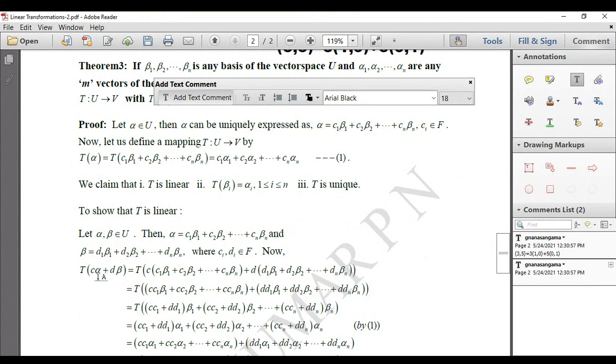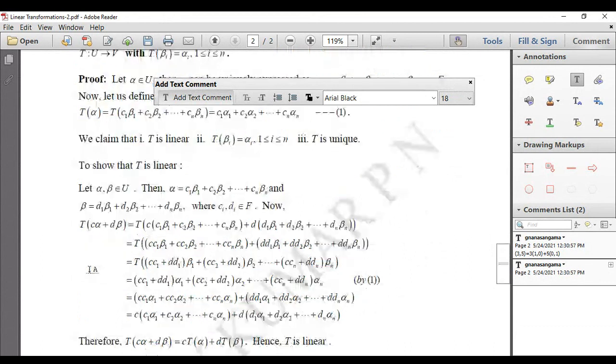Now, let us consider T of, instead of taking C1 alpha plus C2 beta, I've taken C alpha plus D beta, right? C is a scalar, D is a scalar. Okay, because already I've used C1, C2, so that's why I've given C and D as scalars. It is the same as what I considered in theorem 1, C1 alpha 1 plus C2 alpha 2.